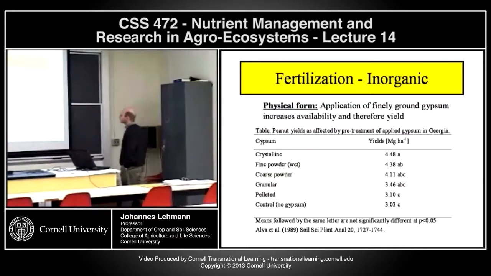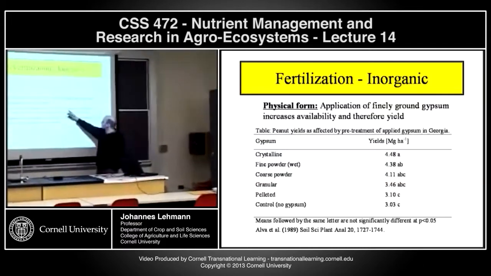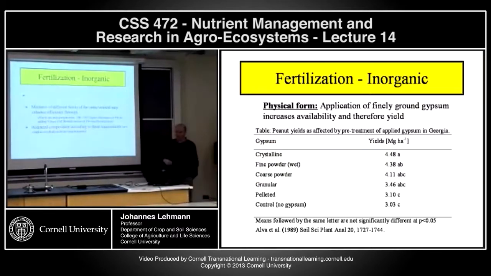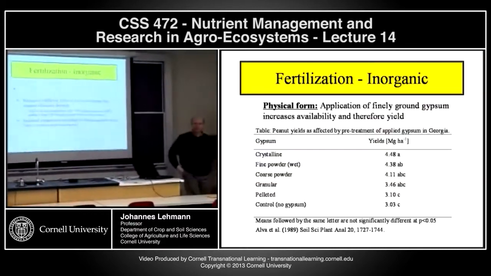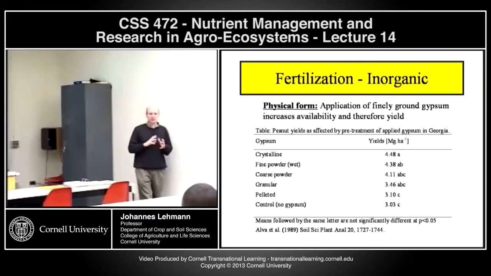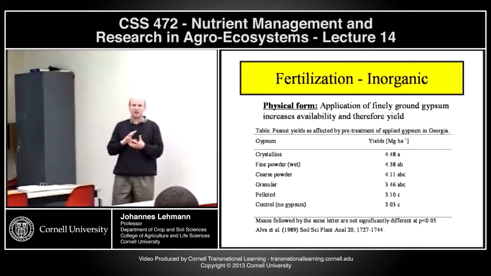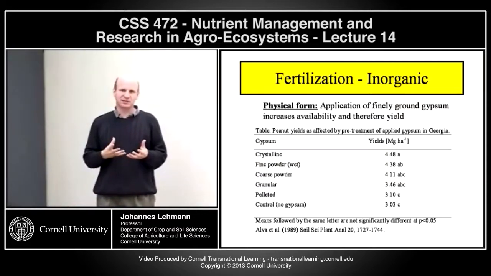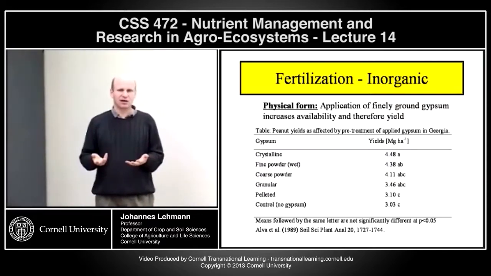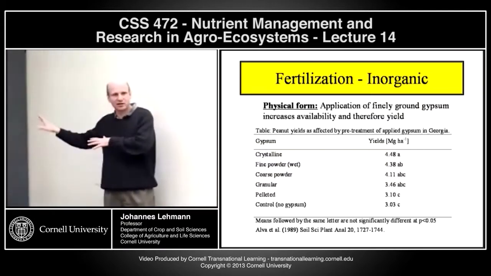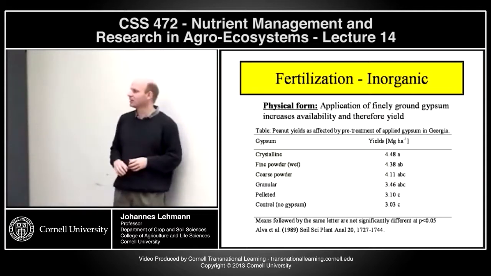Because you apply sulfur, and there are some thiobacillus that would work on the sulfur and at the same time dissolve then the phosphate rock. So these are quite interesting. This is just an example, but it should show you that there are really a lot of opportunities to manipulate solubility and availability of applied fertilizers by combining them with others, and we'll go later also into the inorganic, organic stories.